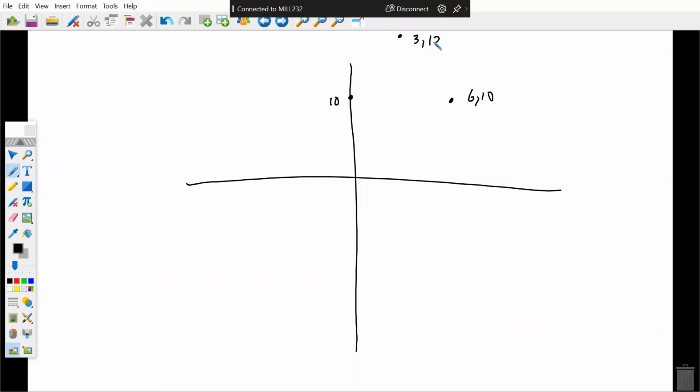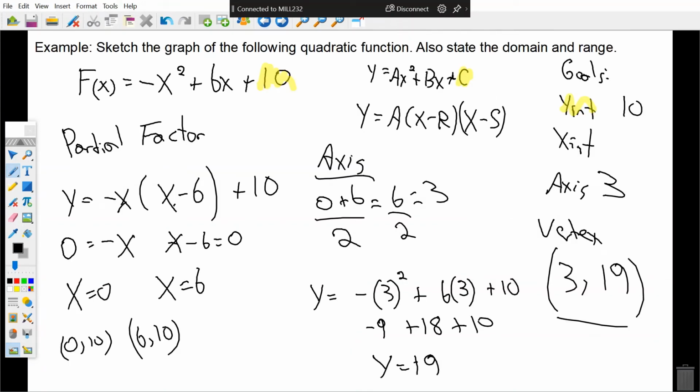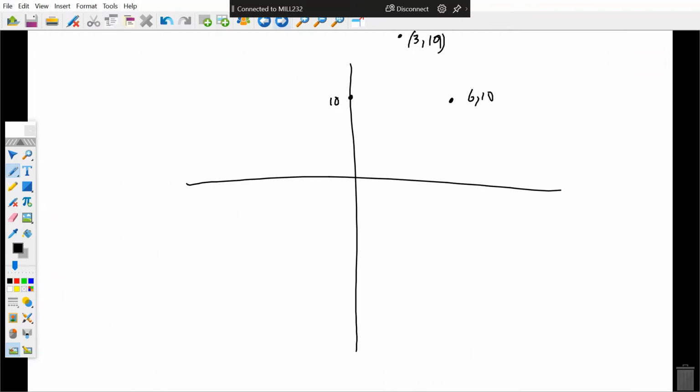It doesn't fit perfectly on this graph. Before we draw the graph, if we go back to the beginning, we can see that the a is negative, right? And that tells us that the graph opens down, which is good because you can see from this here, this graph is going to open down.